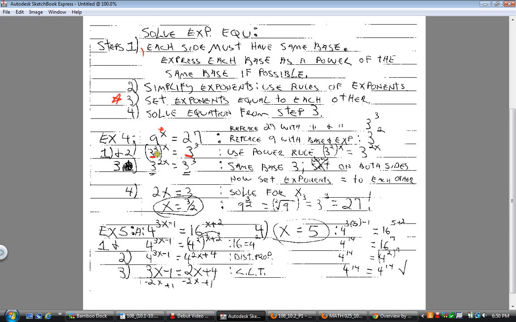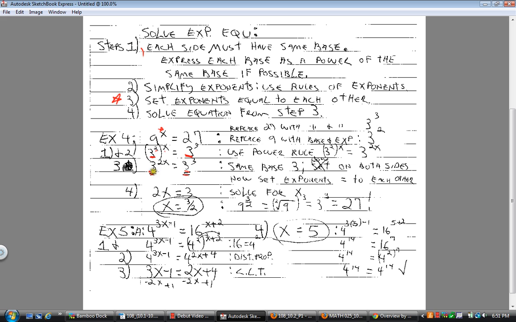Once you realize you have the same base, the next step is to simplify the exponents using the rules of exponents, which means the power rule: when you have an inside exponent and an outside exponent, you multiply because of the parentheses. You write 3 raised to 2 times x, or 2x. Notice the 2 underlines here: you have identified the exact same base.